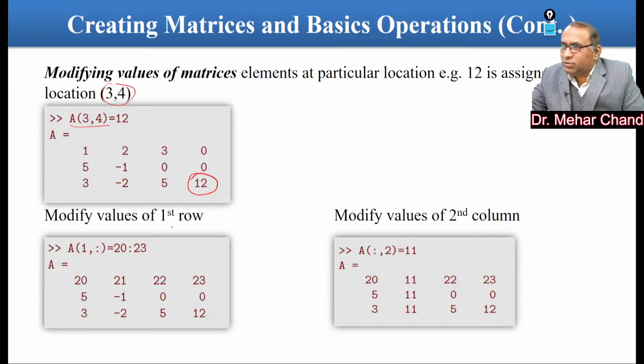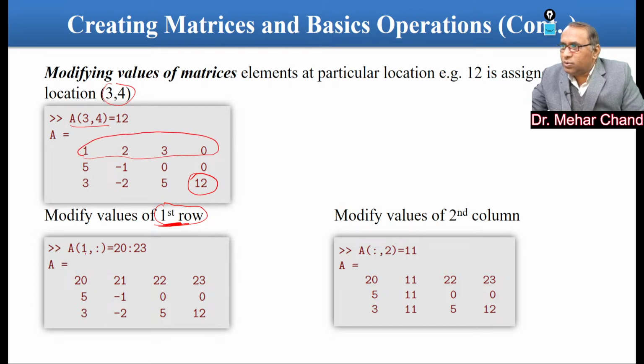Sometimes if you want to modify the entire first row, we can do that. But the thing is, how many elements are there in the first row? There are 4 elements.